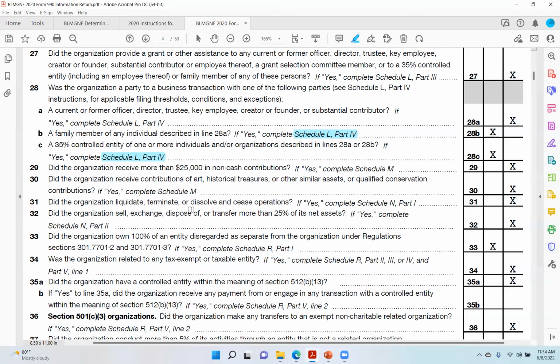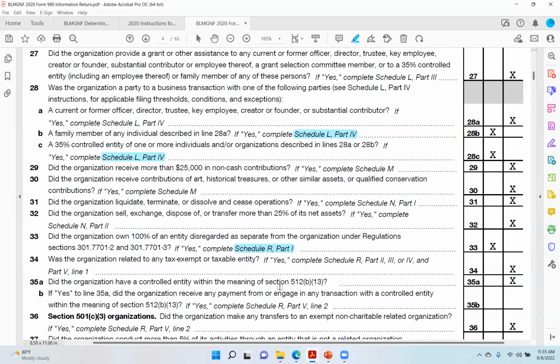They said no. 32, did the organization sell, exchange, dispose of, or transfer more than 25% of its net assets? They said no. 33, did the organization own 100% of an entity disregarded as separate from the organization under regulations, sections, and so on and so forth? If yes, complete Schedule R, Part 1. So we should be looking for Schedule R, Part 1.